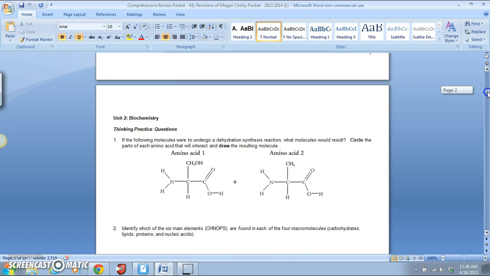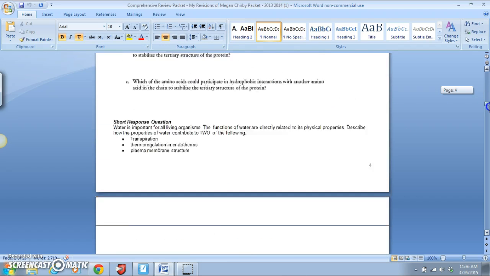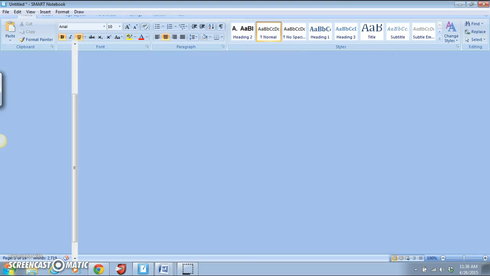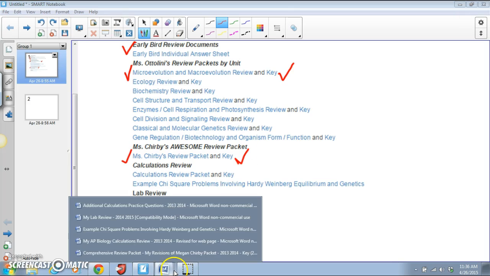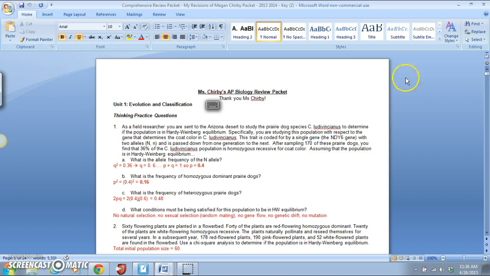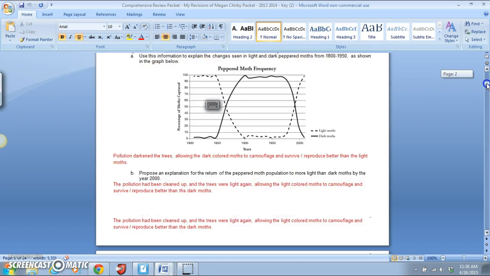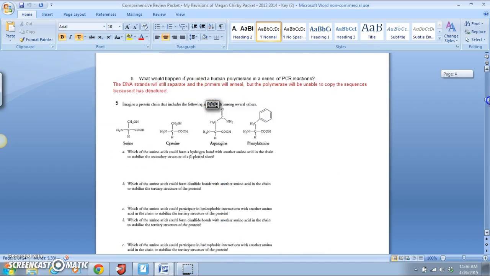Then when you go to biochemistry, we've got thinking practice questions and a short response question as well. Now when you go to the key for this, all of the answers I have recorded in red, so you can use this key to check your work.